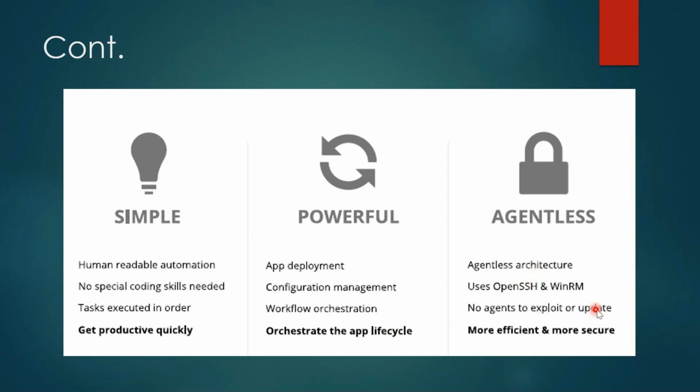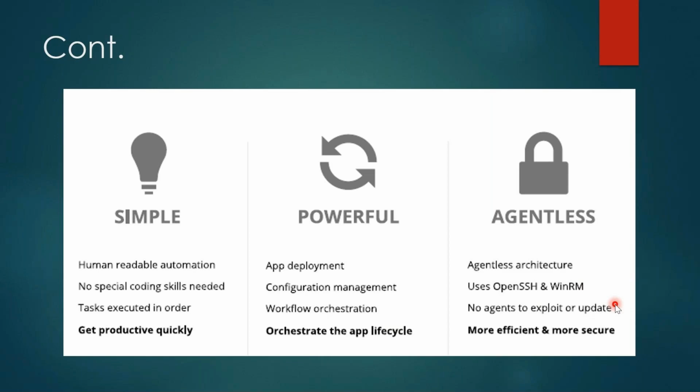All right. Since it doesn't use any agents, no update will be required. If you are using Puppet or some other agent tool, then whenever a new agent version is released, we have to upgrade the agent version on all the client machines. That takes more time, right?